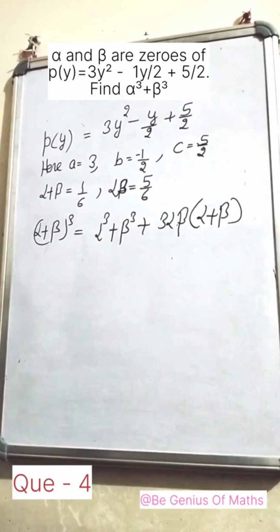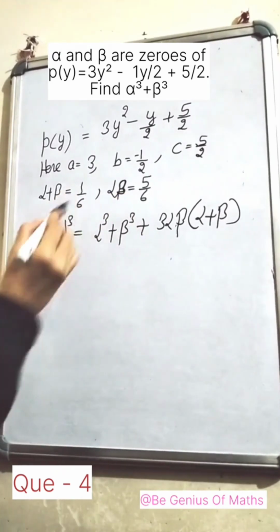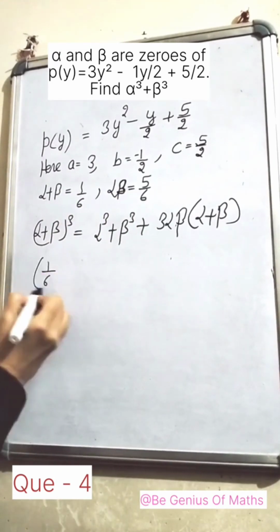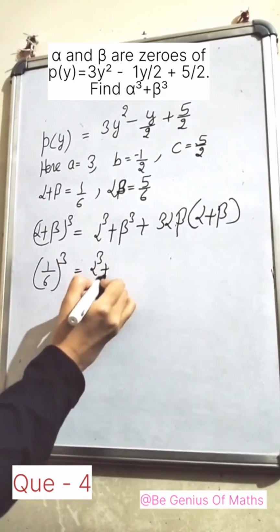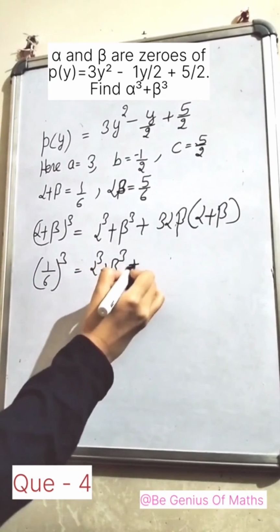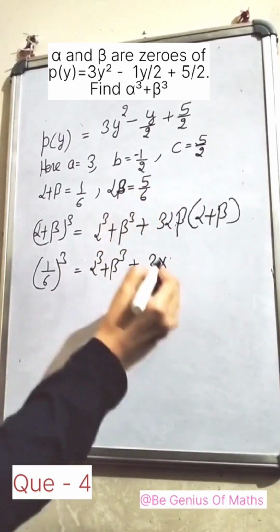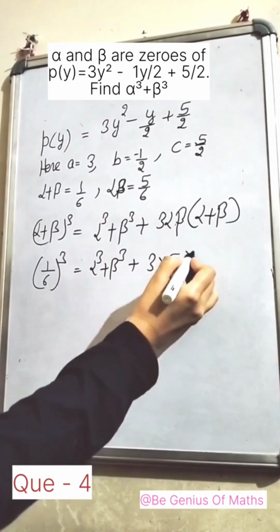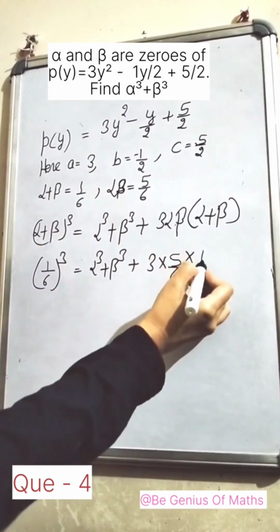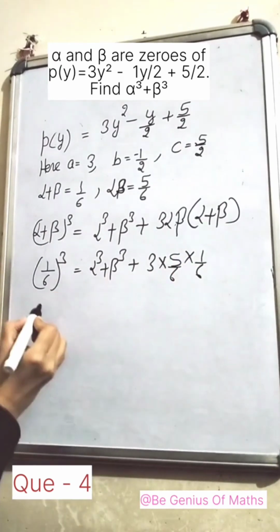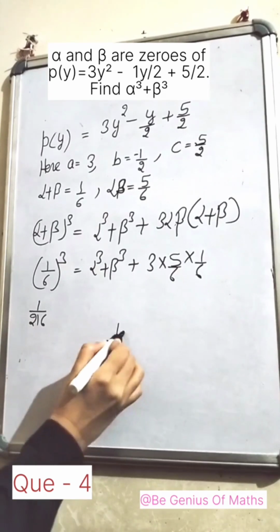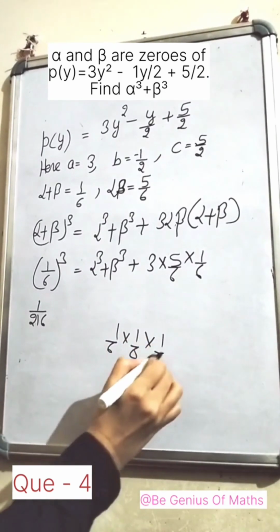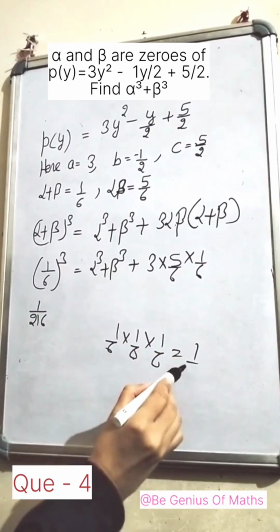So by putting the values, alpha plus beta is 1 by 6 cube is equal to alpha cube plus beta cube plus 3, alpha into beta is 5 by 6 into alpha plus beta is 1 by 6. 1 by 6 into 1 by 6 into 1 by 6, this is equal to 1 by 36.